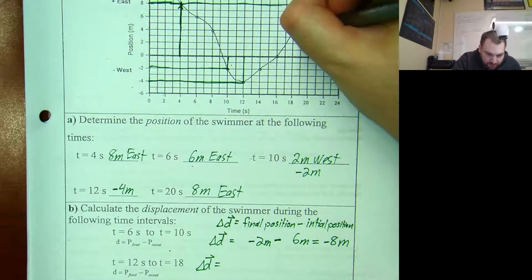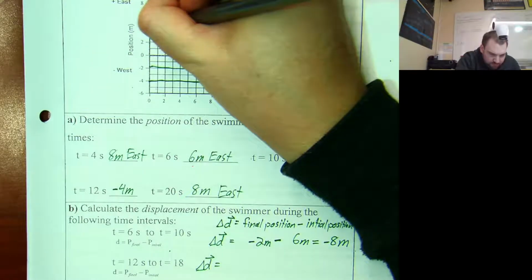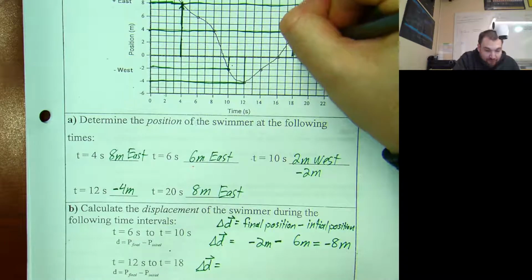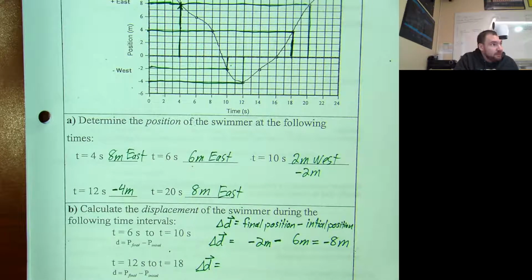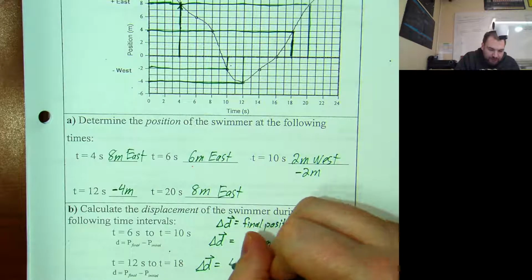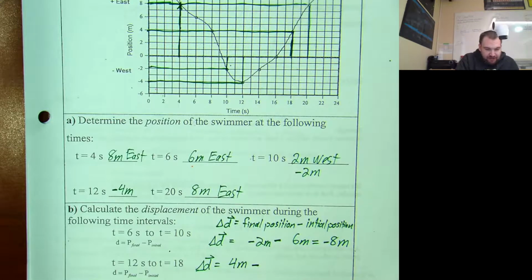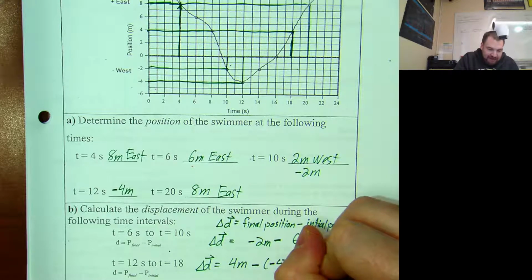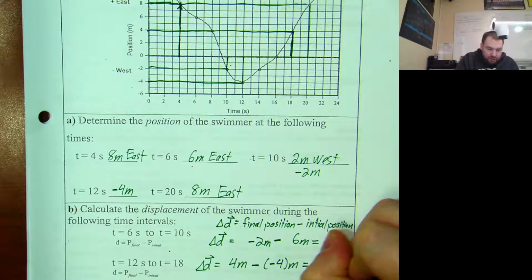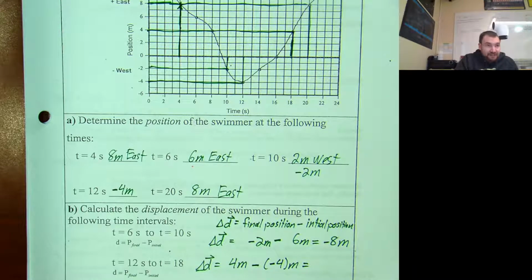Yeah, it's right here at 4. And that 4 is positive or negative? Okay, so we're at 4 meters, finally. And where did we start at the 12-second mark? We started at negative 4 meters. So what's our displacement from 12 seconds to 18 seconds?